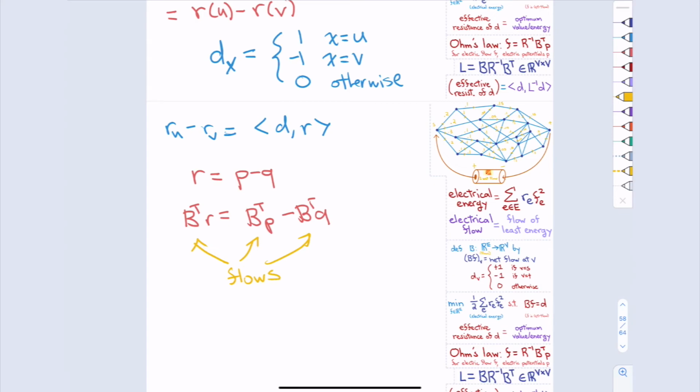Now, B transpose P was routing degree units of flow out of all the vertices except for U. And then B transpose Q is routing the degrees out of all the vertices except for V. So except for U and V, everything will cancel out because one subtracts the other.